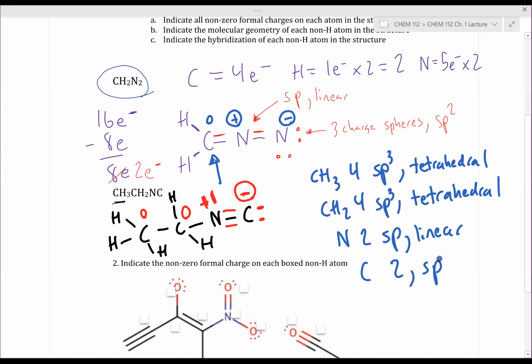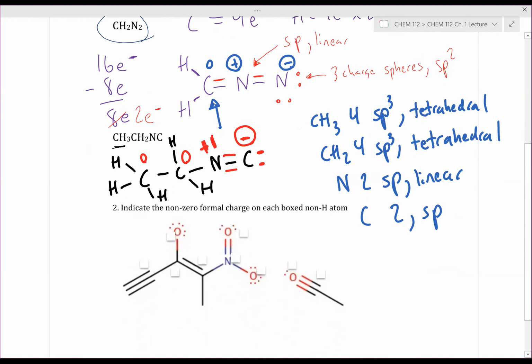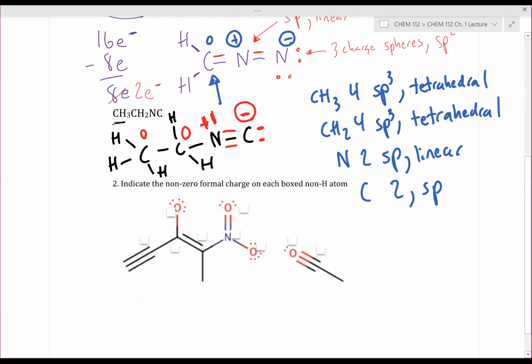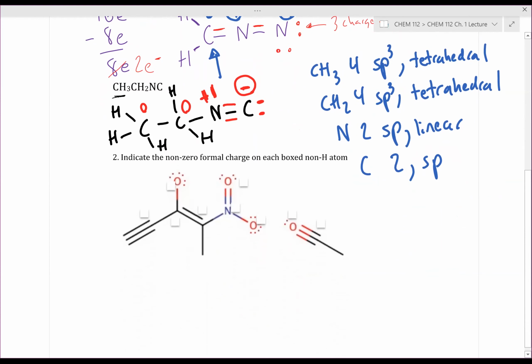Okay. So let's talk a little bit about formal charges now. And here, again, we're going to be using pattern recognition to our advantage. So let's start first and foremost with this carbon atom here. Taking a look at that carbon atom, how many bonds, how many lines are drawn attached to that carbon atom? 4.